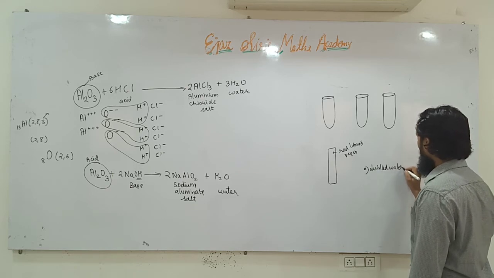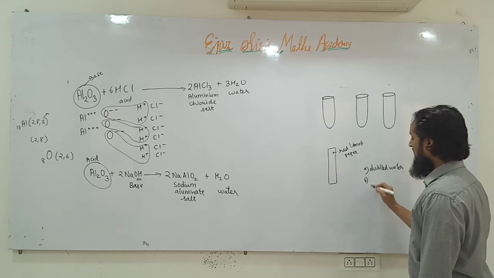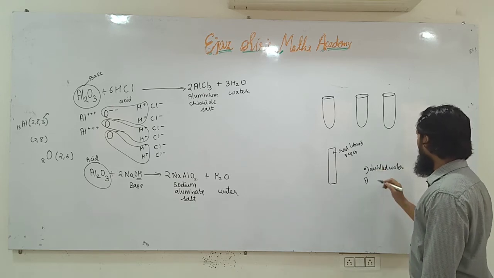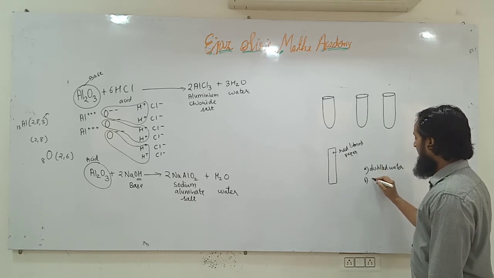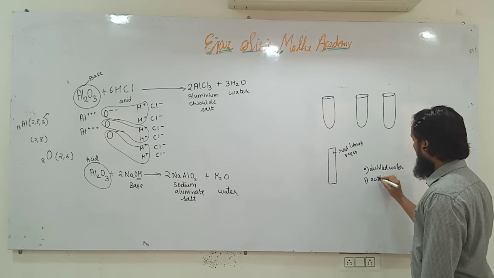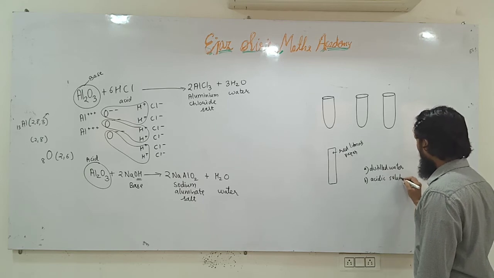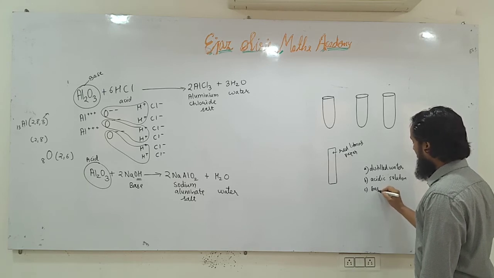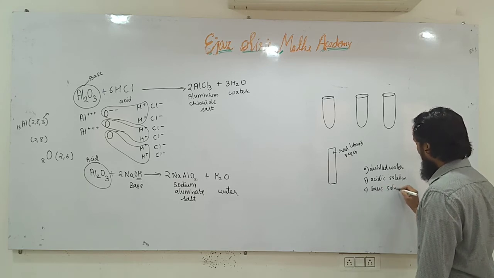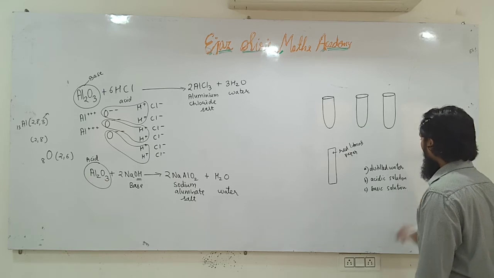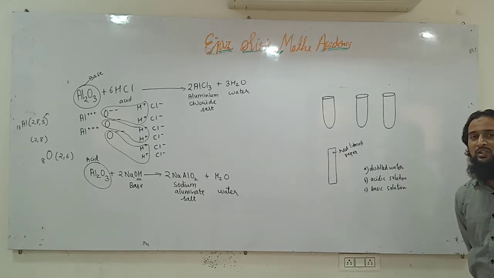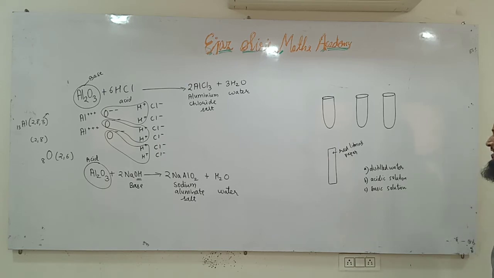They have written distilled water because impure water is not neutral. One is distilled water, one is an acidic solution, and one is a basic solution. How can we identify which test tube contains acidic solution, which contains basic solution, and which contains distilled water?